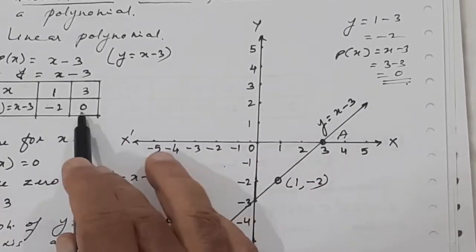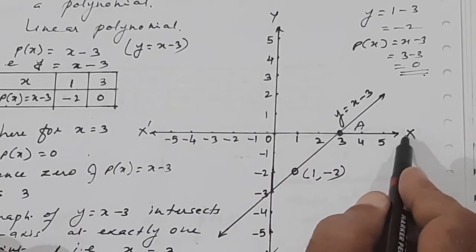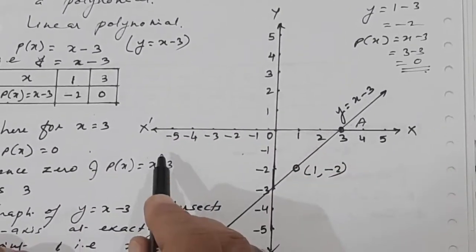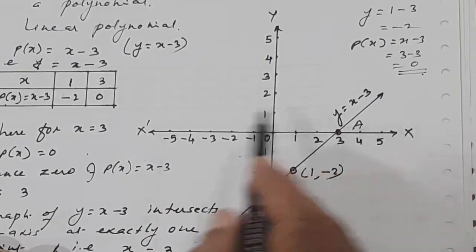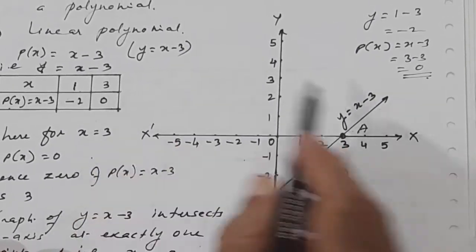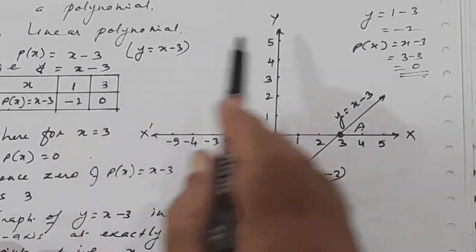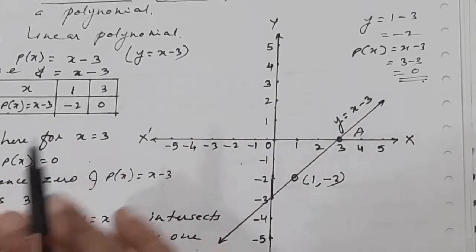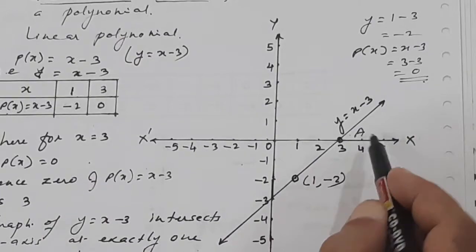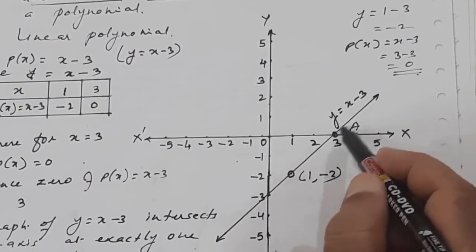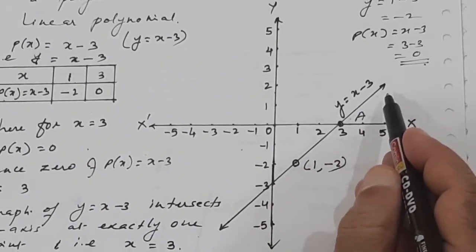Now when y is 0, the point will come on x-axis. Remember one thing: when y coordinate is 0, the point will be on x-axis, and when x coordinate is 0, the point will be on y-axis. Opposite it is.